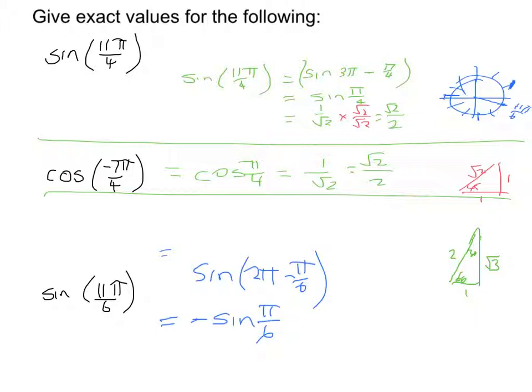And sine is equal to opposite over hypotenuse, so it'll be equal to negative, pi on 6 is 30 degrees, so we've got opposite over hypotenuse, so it'll be equal to negative 1/2.